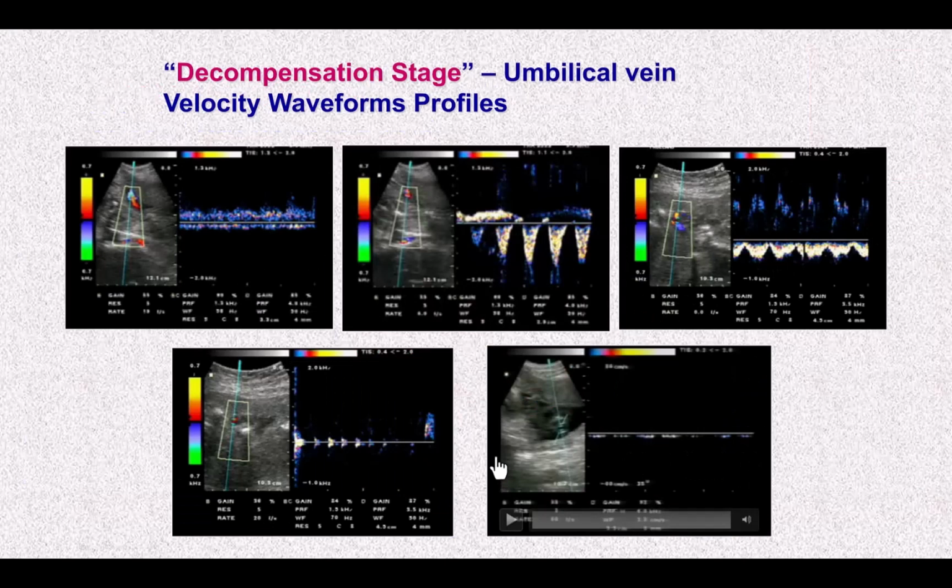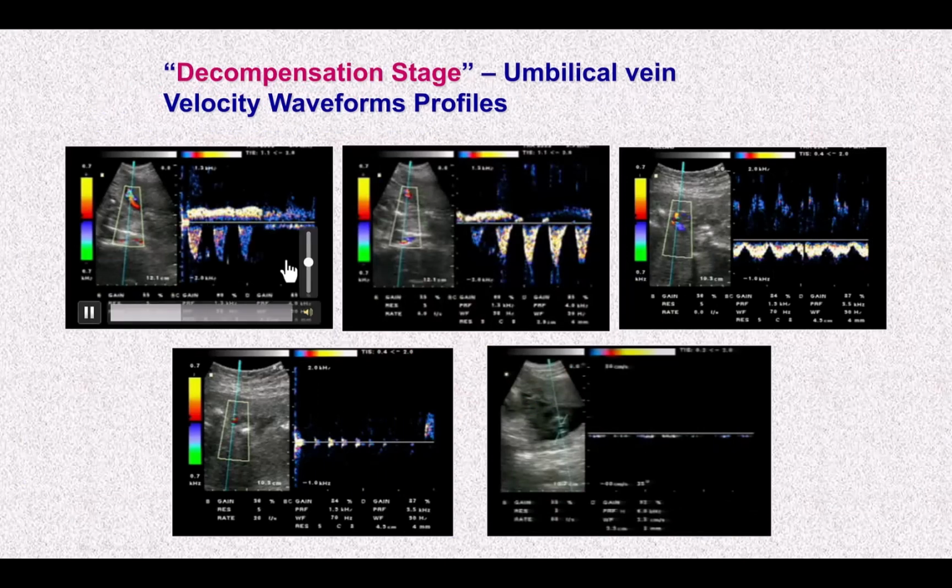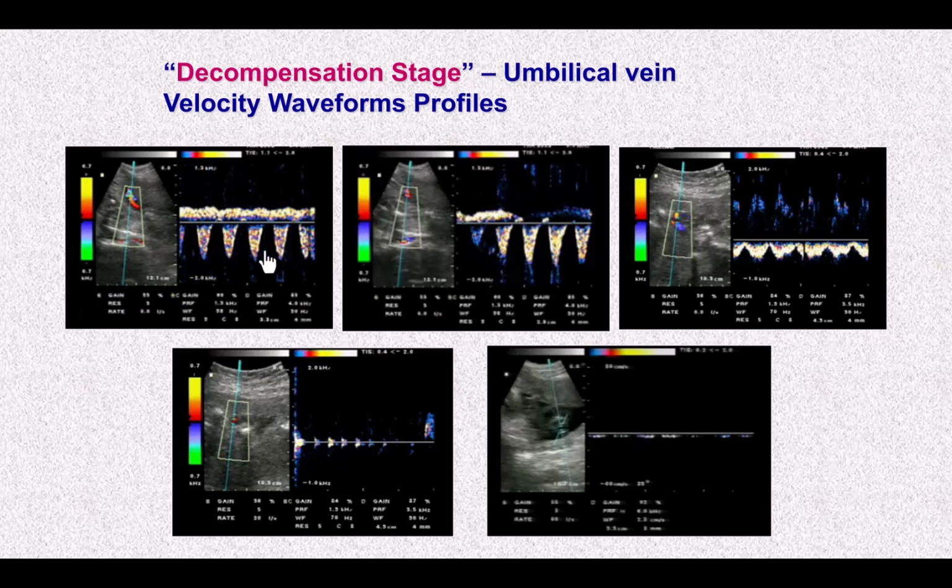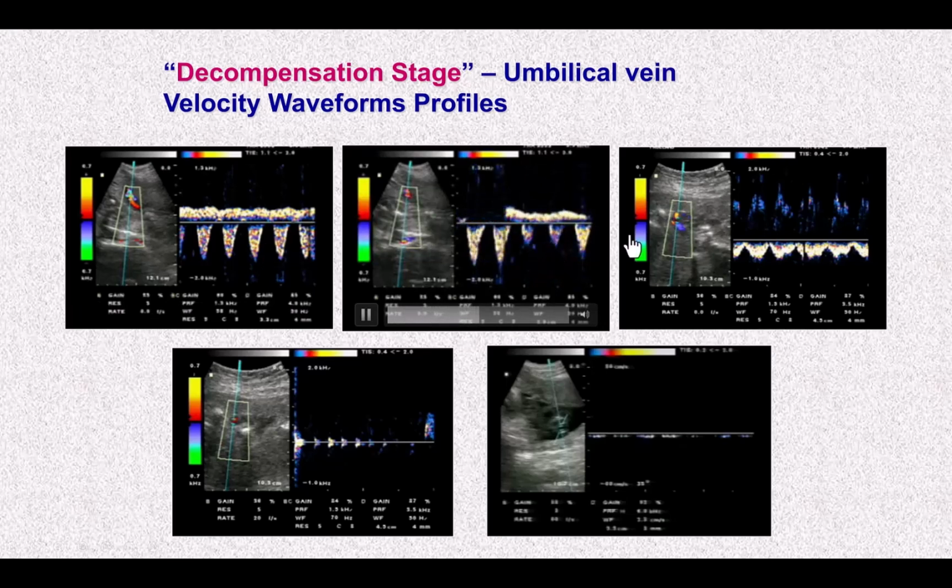Finally, I want to show you what happens in the umbilical vein. At the beginning, we can see that there is preserved flow in the umbilical vein, but you can see here some pulsation related to the cardiac cycle, which is different from this kind of pulsation that is not related to the cardiac cycle and is due to fetal breathing.